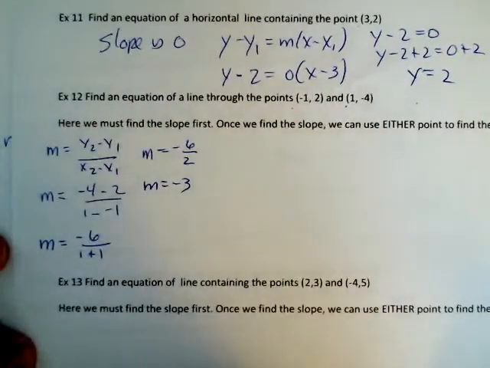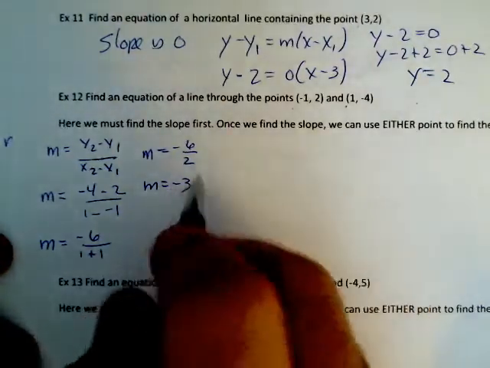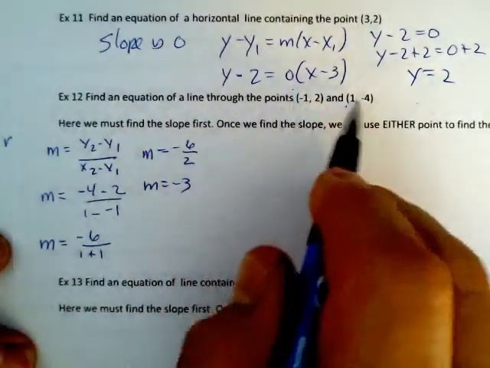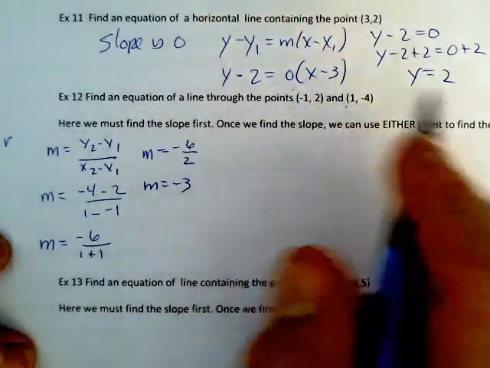So I end up getting -3 as my slope. Now I have the slope. I can use either point to finish the equation.